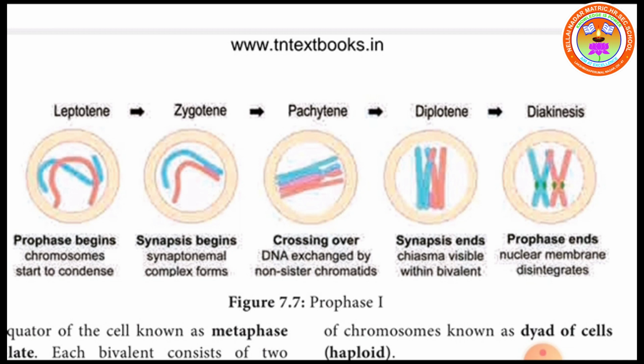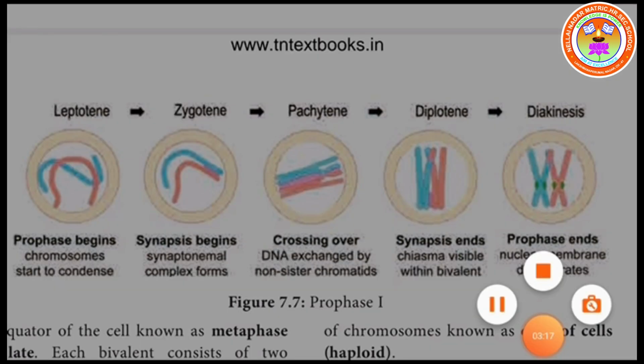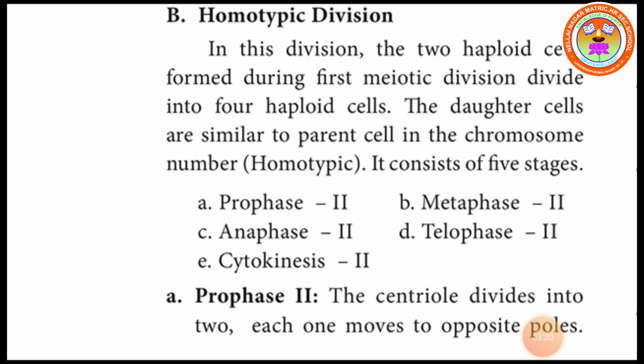Okay, children, now we are going to start with it. In meiosis 2, the two haploid cells formed during the first meiotic division divide further and finally four haploid cells are formed.